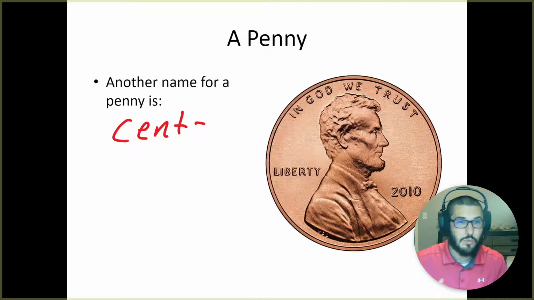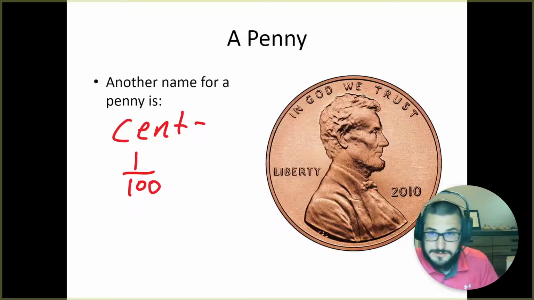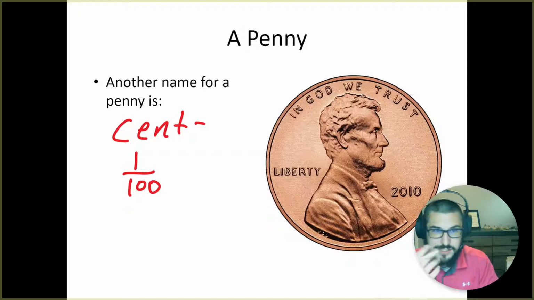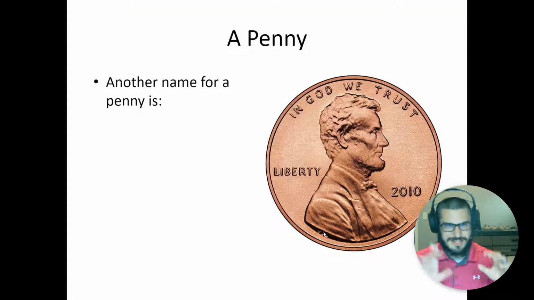And a penny is 1/100th of a dollar, right? If you have 100 cents, that's $1. It's 1/100th of a dollar. So same thing, a centimeter is 1/100th of a meter. So you need 100 of them to make it. So I'm hoping that's clicking.